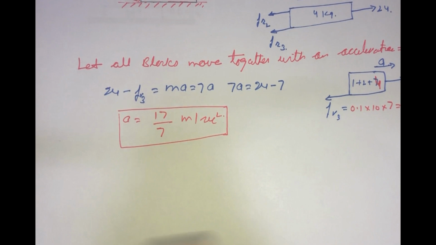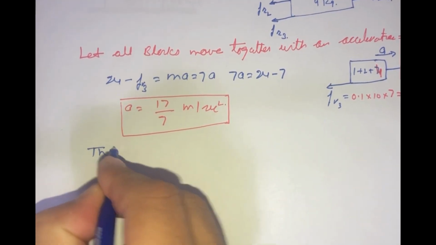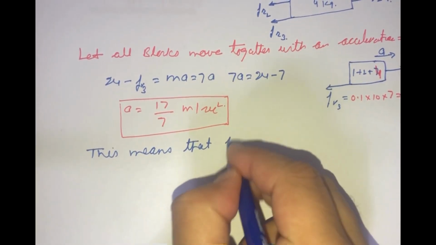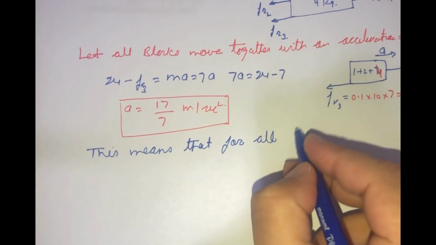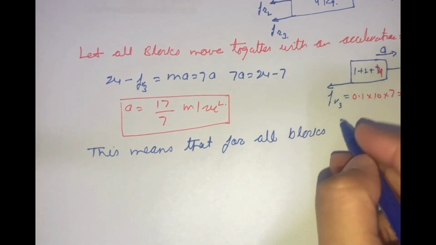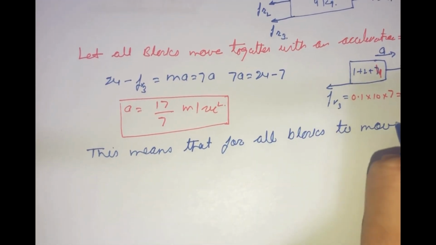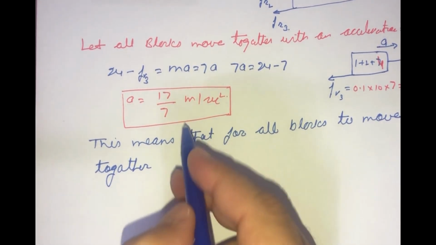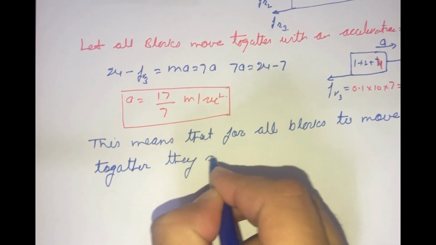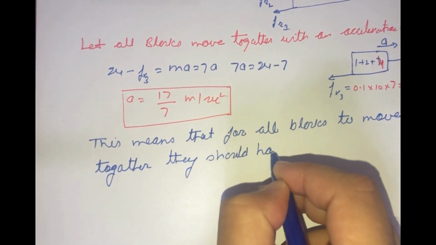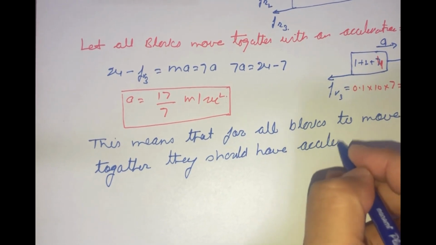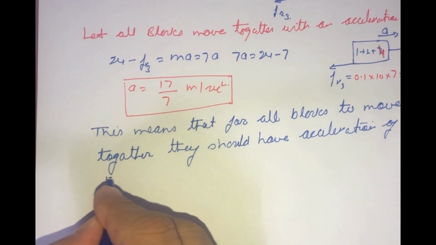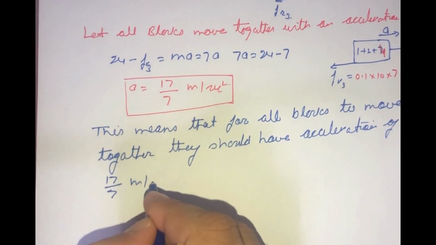So we can see that this means that for all blocks to move together, they should have the acceleration of 17/7 meter per second square.